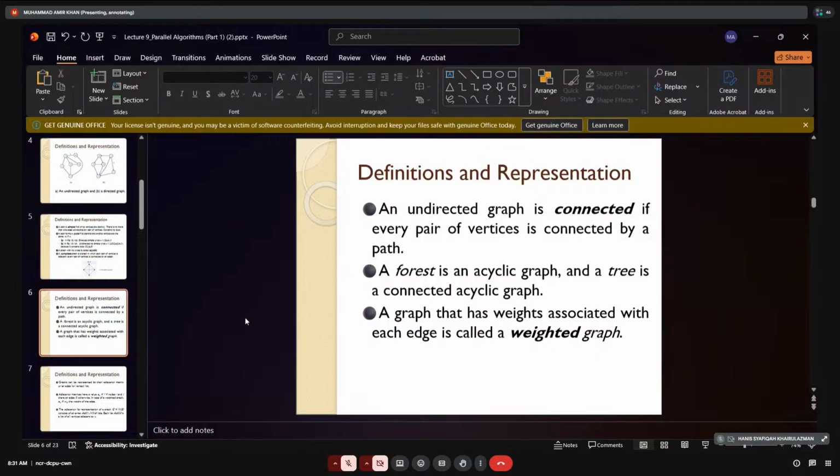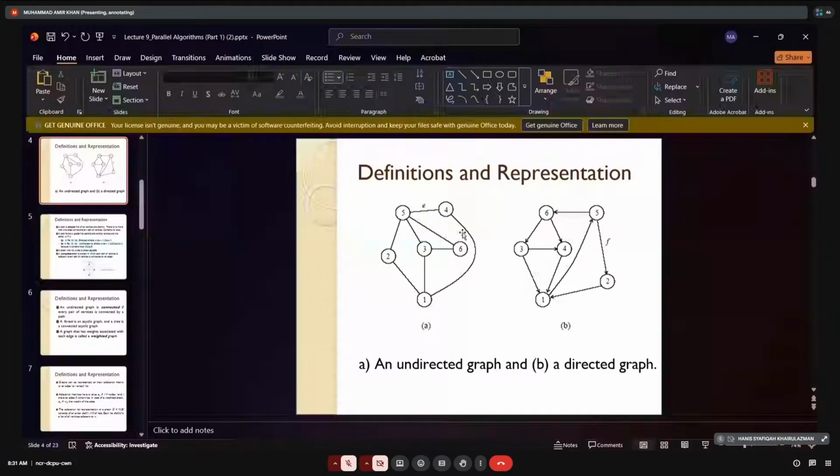We'll see this later. A graph that has weights associated with each edge is called a weighted graph. Weight means, if I go from A to B, for example 5 to 4 or 1 to 3, there is some weight between 1 and 3, between 3 and 5, 5 and 2, 2 and 1.